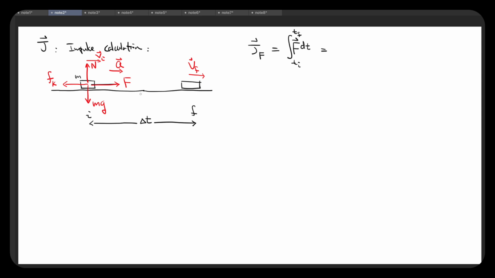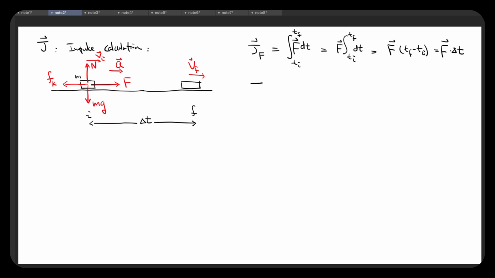Now in our case, F is a constant force, so we can simply move it out of the integral, then we get F times t final minus t initial, which is delta t. So that's the impulse due to force F.